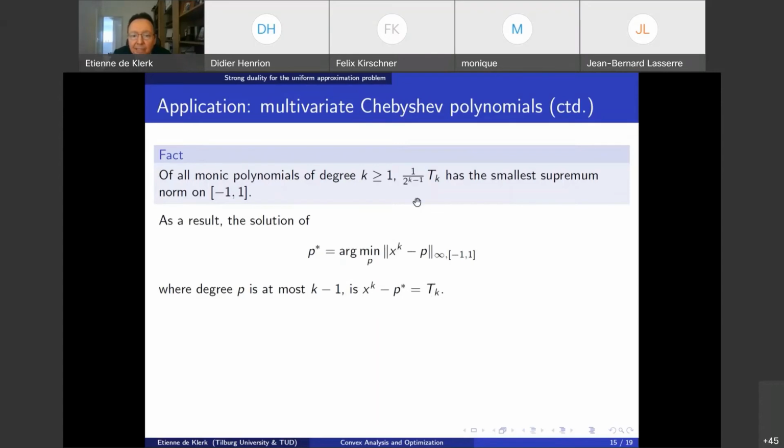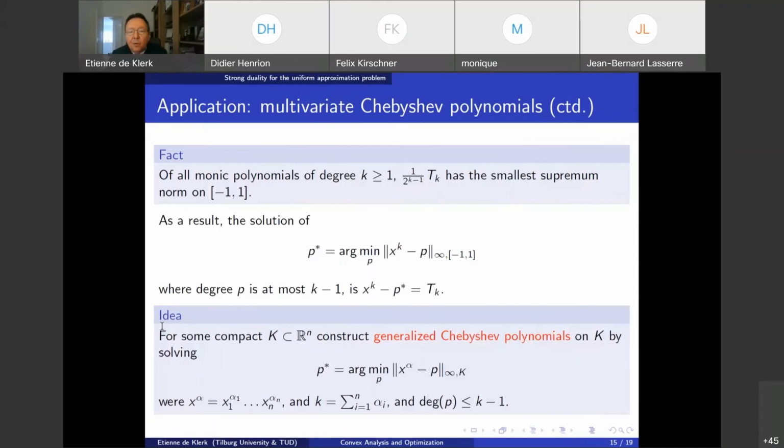Basically, the thing inside the argument is going to be a monic polynomial of degree k. We are minimizing its supremum norm, and we know that the monic polynomial of degree k with minimum supremum norm is of this form. So I should just fix this to make it monic.